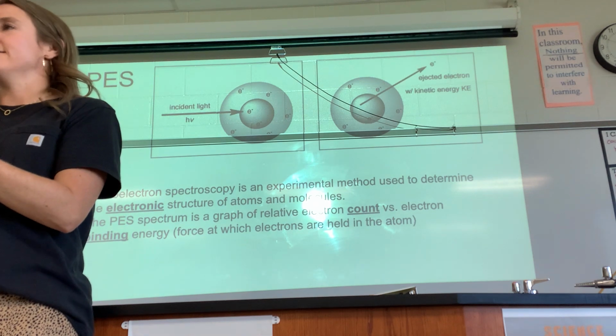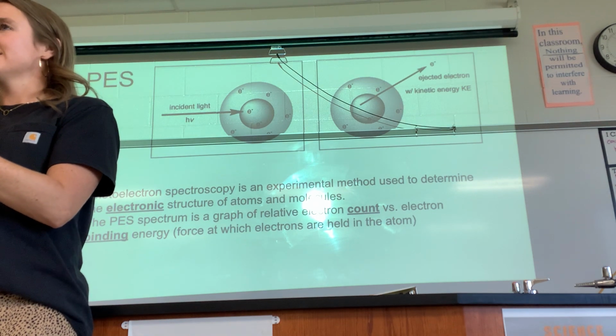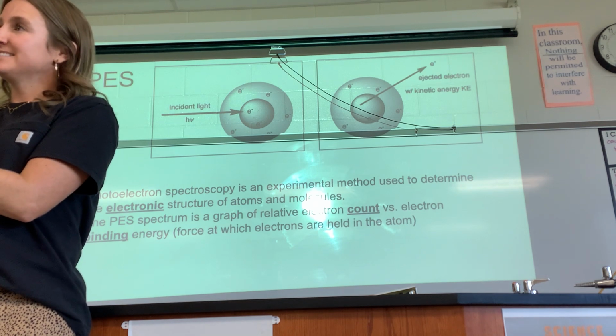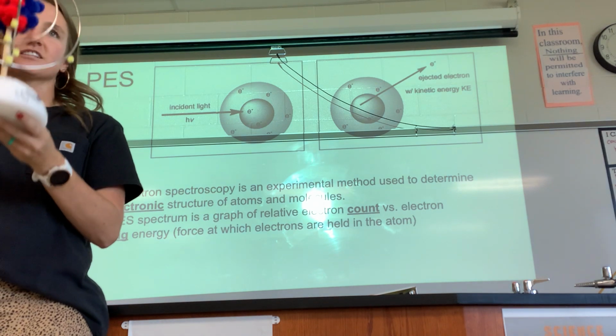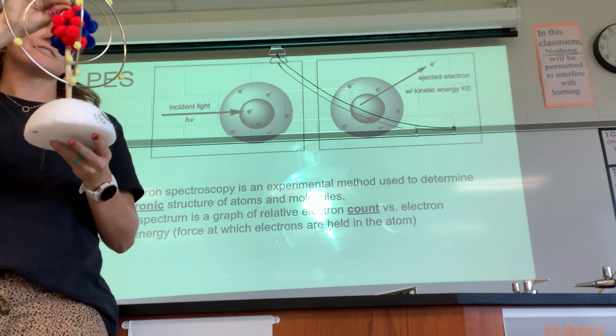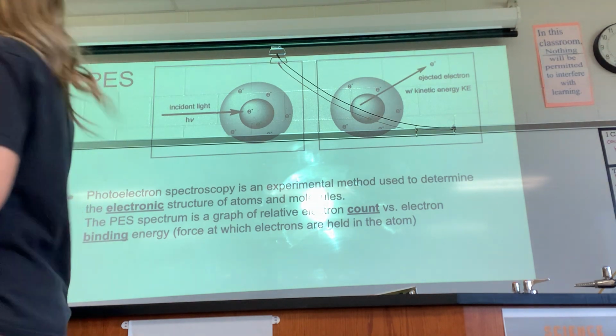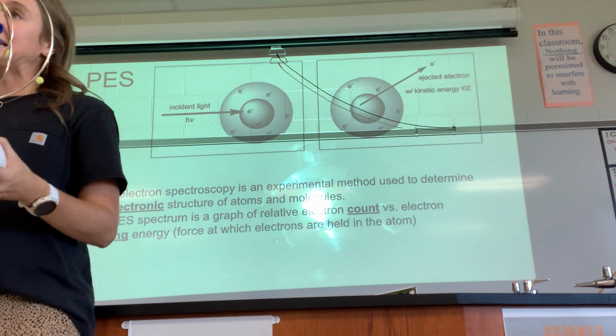Zach, who feels the most love? The ones on the inside. Why? Because they're closer to the nucleus, and if they're closer, they get more love. Yeah, distance, right? If the distance is closer, there's more attractive force. Okay, so the closer they are, the more force they feel, aka the more binding energy.